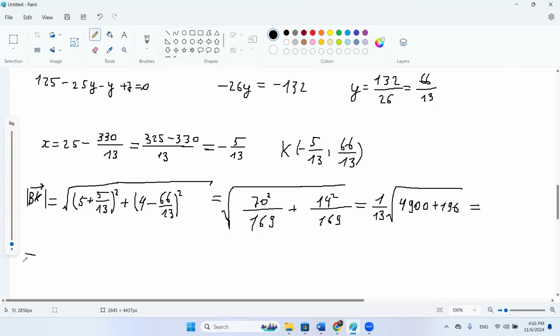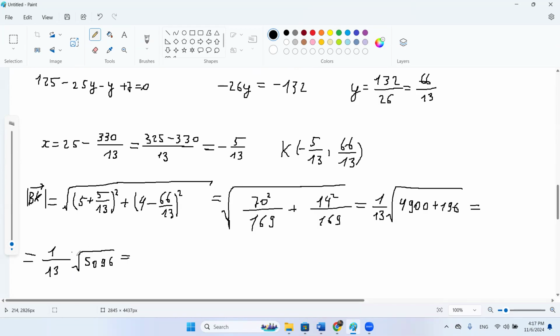So 1 by 13, and the square root of 5,096.